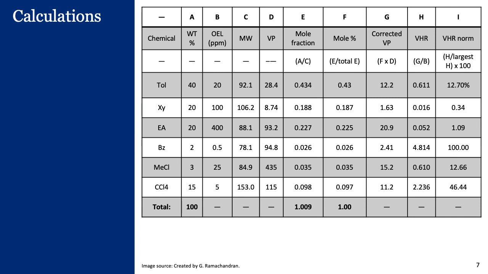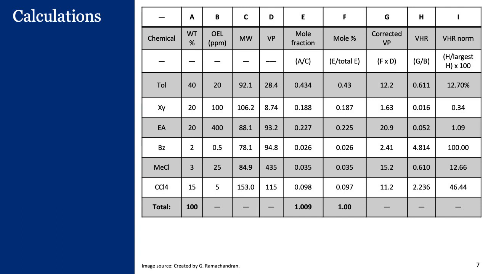A mole fraction is essentially the weight percentage, column A, divided by the molecular weight, which is column C. And so these are calculated for each one of the compounds in column E. And then we can find the mole percentage for each substance, which is column E divided by the total of column E. So we are essentially normalizing it.